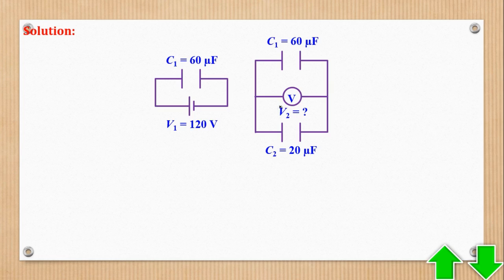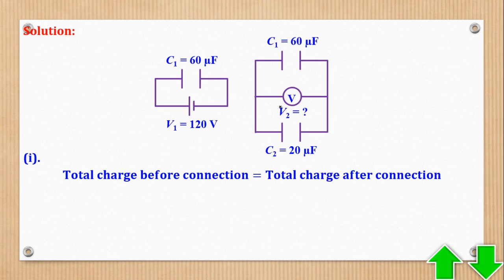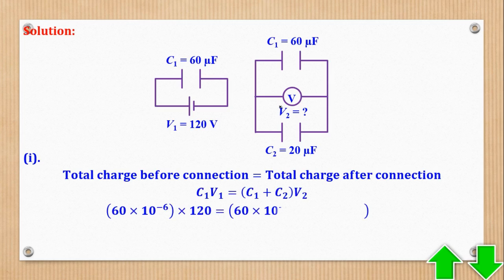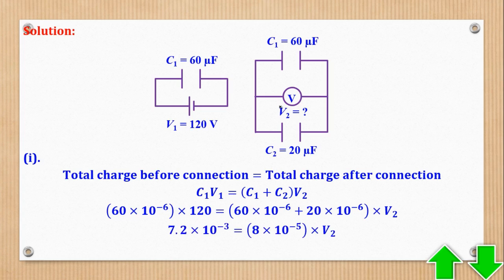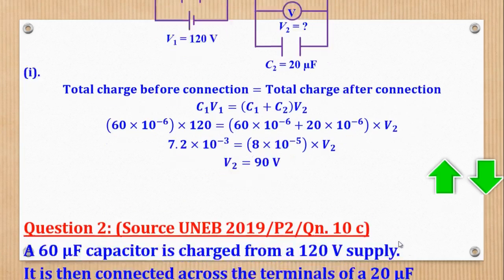So we shall still follow the same procedure. Total charge before is equal to total charge after. Then we quote the formula for total charge before and also total charge after and equate the two. Then we substitute. After substituting, V2 is the only unknown, so you have to simplify and then make V2 the subject. And that's what they wanted for Roman 1.